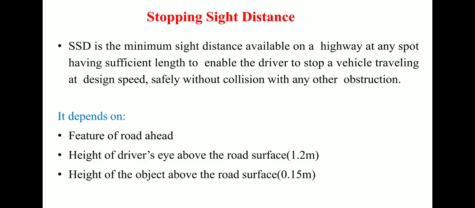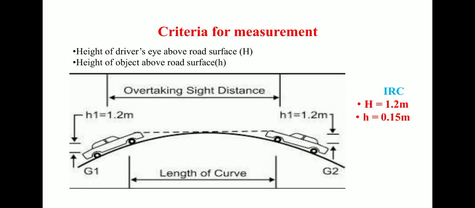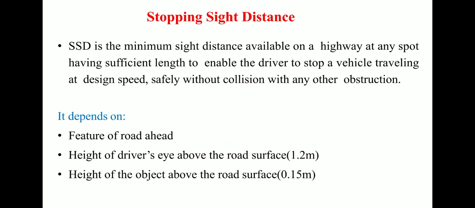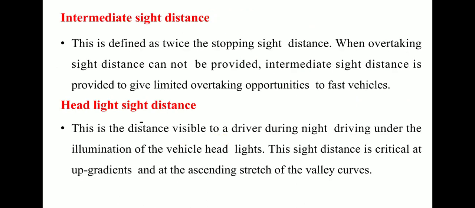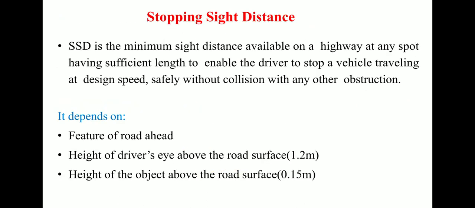The height of the eye level of a driver should be 1.2 meter, capital H. The height of an object should be 0.15 meter. Stopping sight distance mainly depends on these two important criteria.